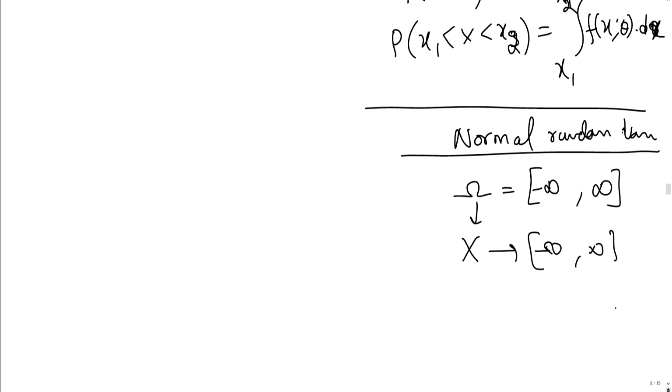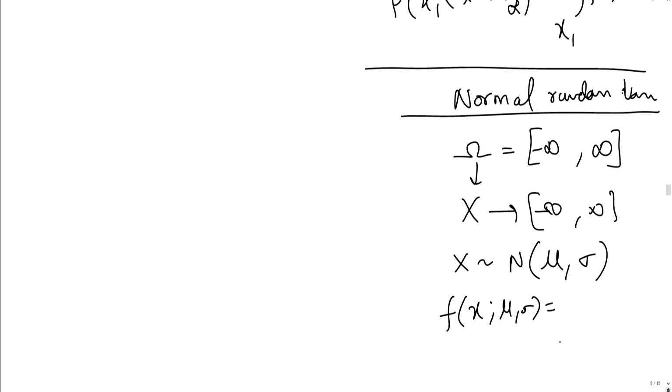Now, the probability density assigned to a particular value of this random variable x can be given by a normal distribution with two parameters, mean mu and sigma, such that the probability density function is given by 1 over root 2 pi sigma square, e to the power minus 1 by 2 times (x minus mu) by sigma, whole square.